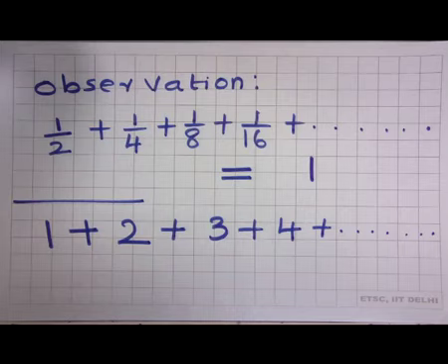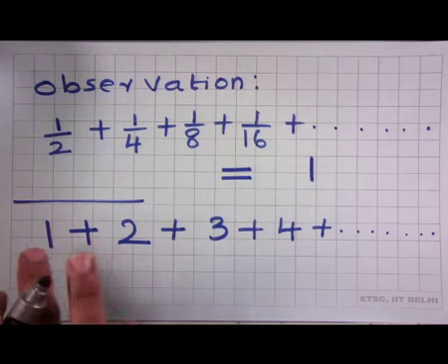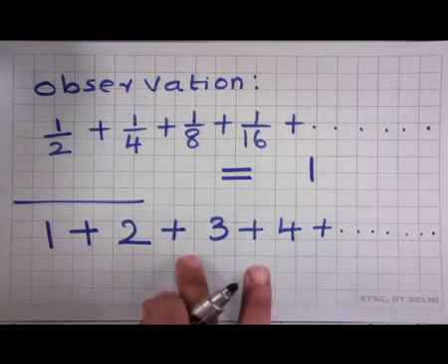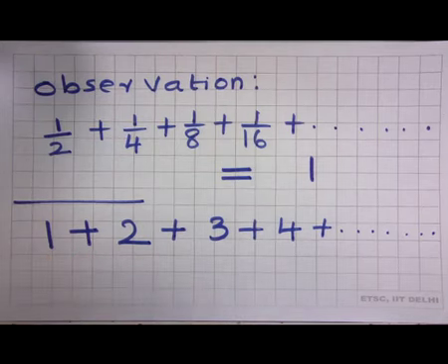We can see that by taking more and more terms, the sum can be made larger than any pre-chosen value. So, intuitively, we observe that the sum 1 plus 2 plus 3 plus 4 plus etc. cannot be a finite value.